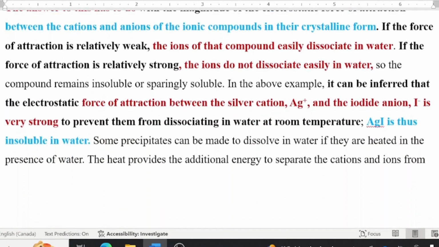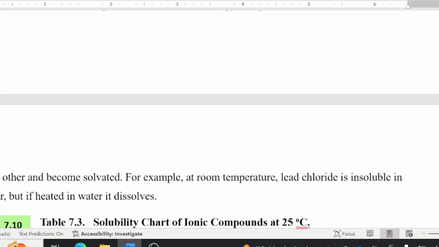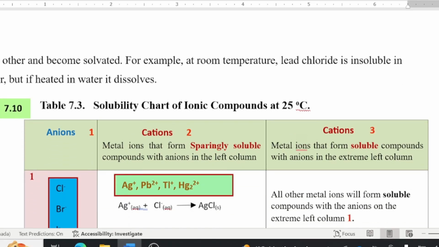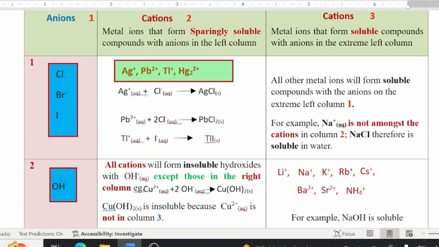All right. How can we predict whether or not, when you mix aqueous solutions of two ionic compounds, a precipitate will form? Pay attention to this. This column here represents anions. The other two columns, column 2 and column 3, represent cations.